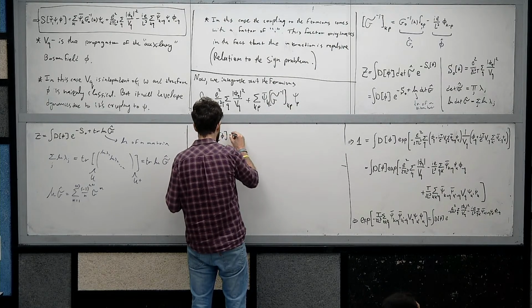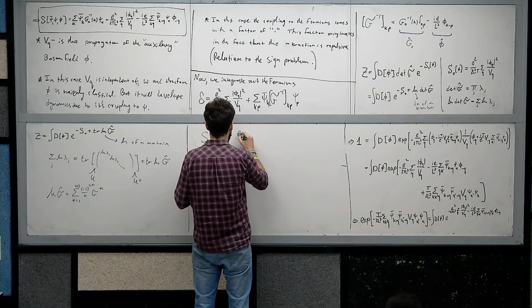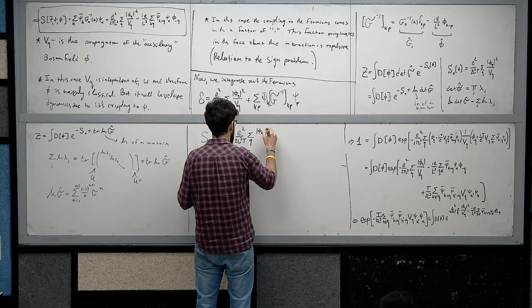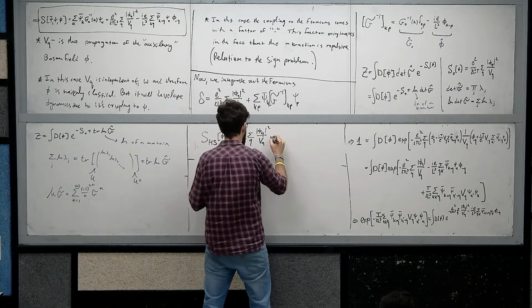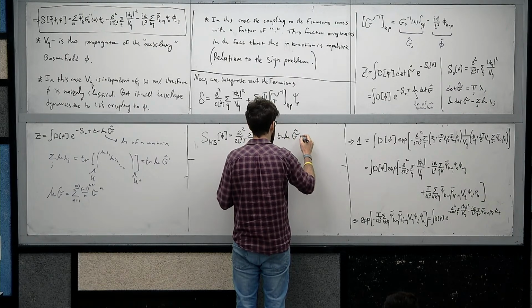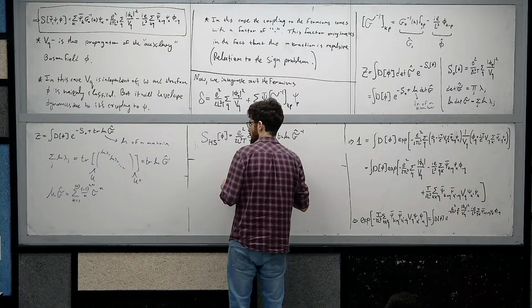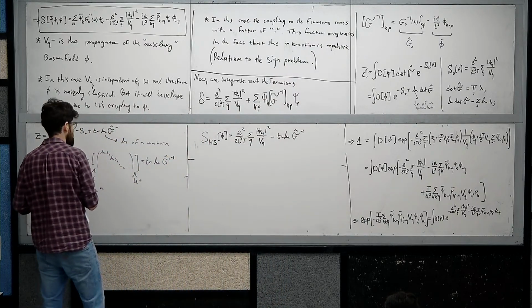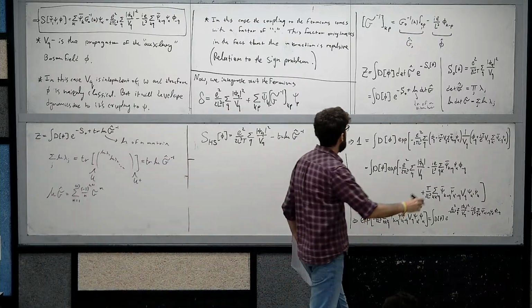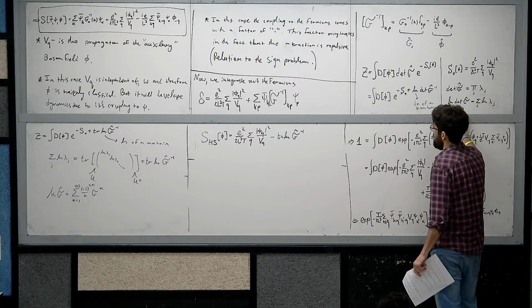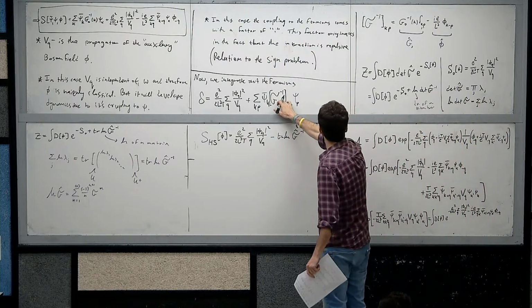It is equal to e squared over 2L cubed T, sum over q of phi q squared over v q, minus trace ln of this G to the minus 1. Sorry, this is to the minus 1.